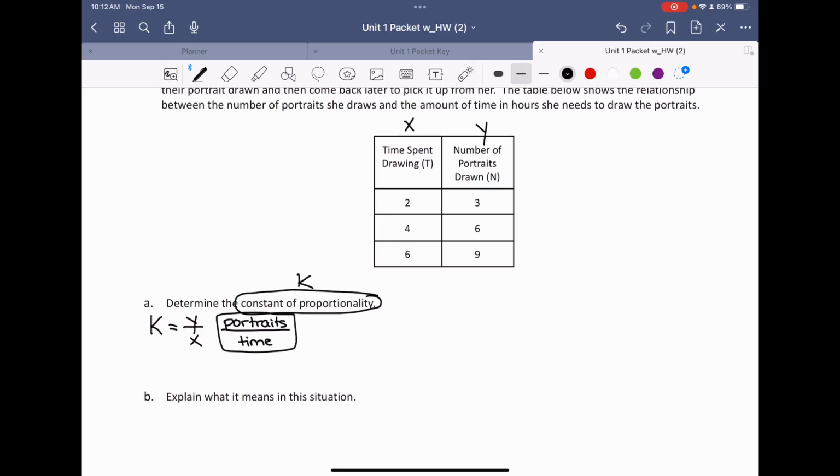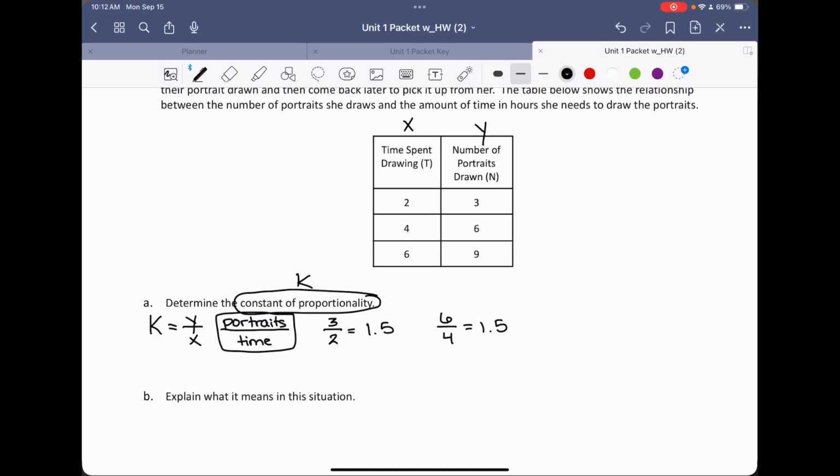So I'm going to divide. 3 divided by 2 should have given you 1.5. 6 divided by 4 should also give you 1.5. And 9 divided by 6 is also 1.5. That tells us that k equals 1.5.